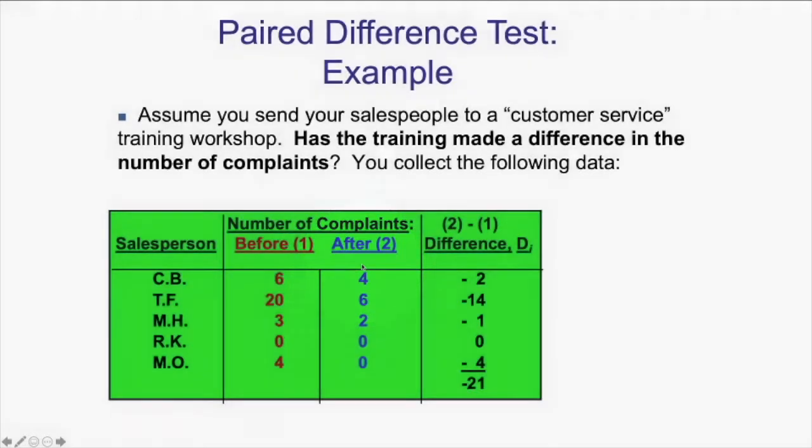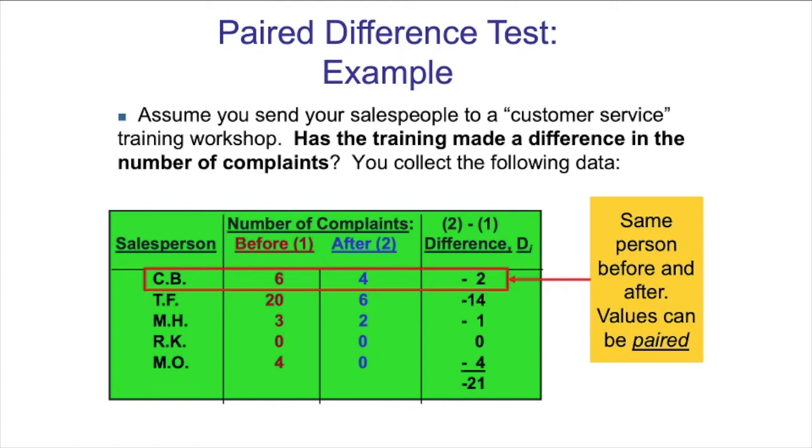So you have 2 observations of the number of complaints for each individual in your sample. Therefore, these are paired samples. For each salesperson, you can compute the difference between before and after. That difference for each person i is called d_i, and the variable is called d.